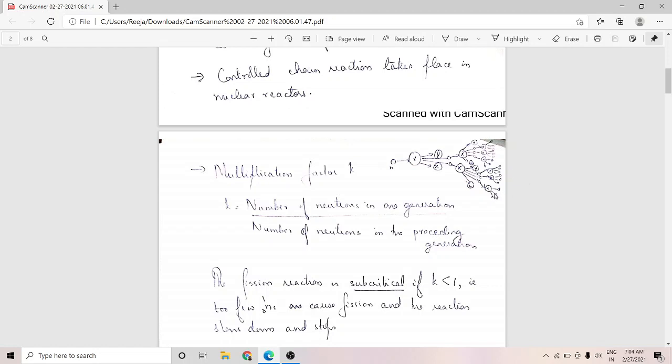So we find out the number of neutrons released in one generation divided by the number of neutrons released in the previous generation, so that you get the value of K.